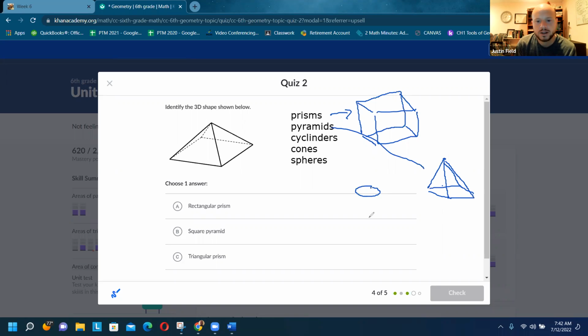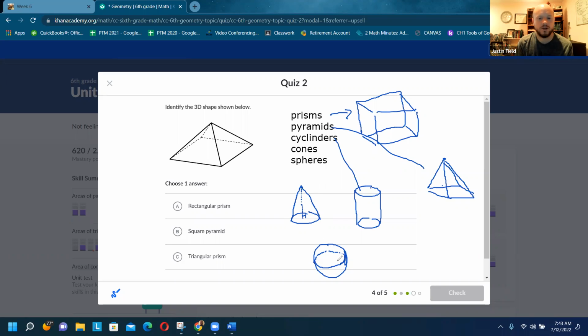Draw a circle or an oval and then another one and then connect the edges. There is a cylinder. How do you draw a cone? Draw one circle, put a point above it, and go from the point to the edges. You've drawn yourself a cone, and if you want to make it look really 3D, put a dotted line to the center. That's your height. All right, and then a sphere. You draw a circle, and then you draw another circle, or like an oval there, and that's how you draw a sphere in math.